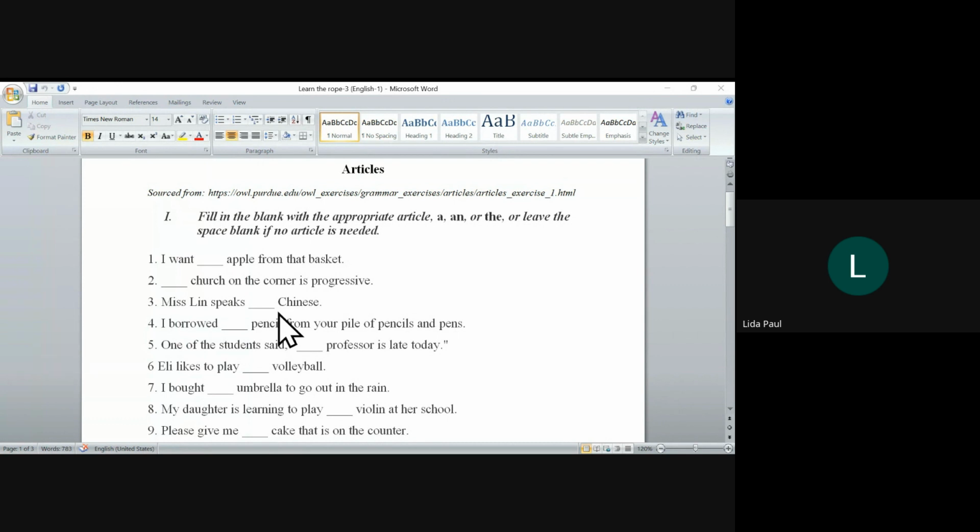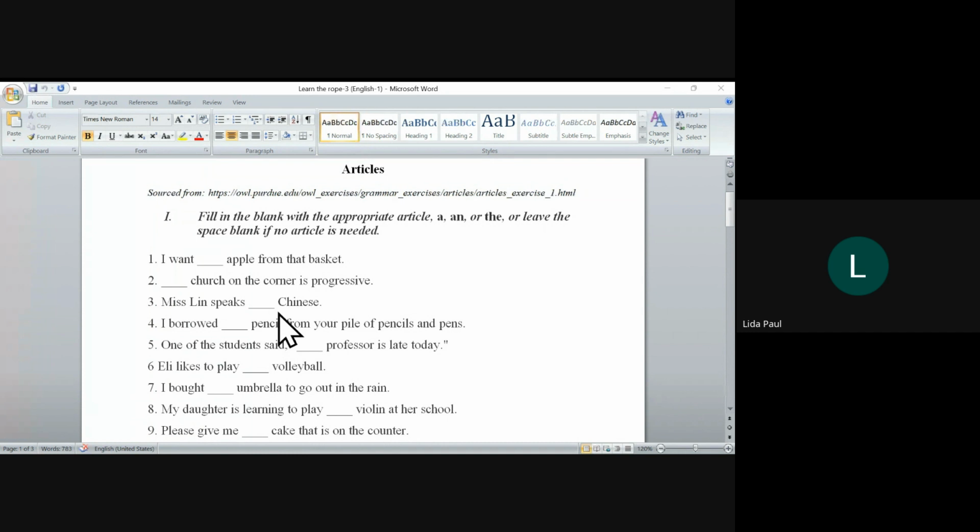I want an apple from the basket is grammatically correct. I want the apple from that basket is also correct. Student: Ma'am, we will be using the apple when there is only one apple left. No, that is what I'm saying: the article the has got nothing to do with countability.